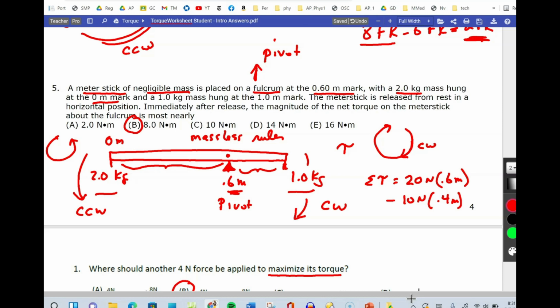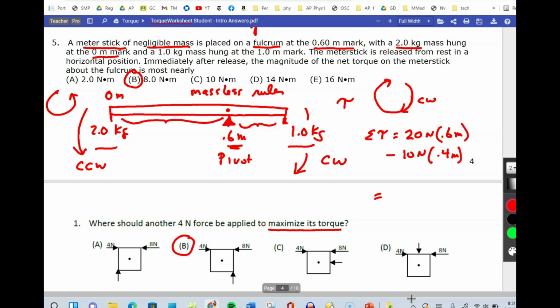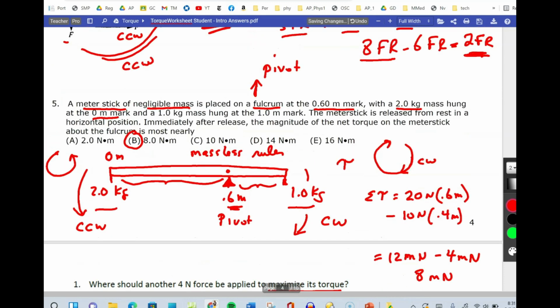That's 0.4. So 20 times 0.6 is 12. So equals 12 meter newtons minus 4 meter newtons gives you 8 meter newtons, and it's choice B.